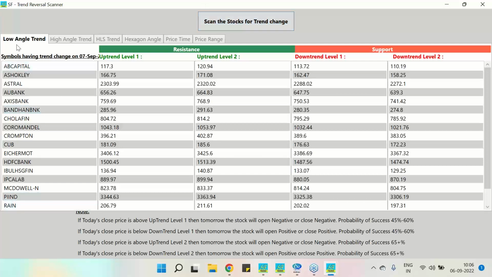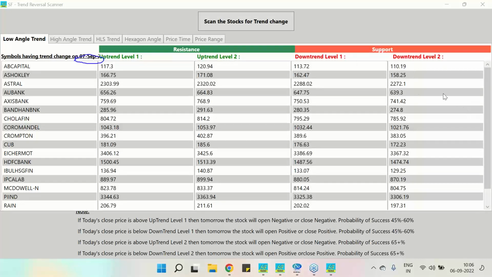Here we have the low angle trend for all the stocks, starting with AB Capital, Ashok Leyland, Axis Bank, HDFC, City Union Bank, Crompton. Many are having it. Tomorrow, the 7th of September, all these stocks have a trend reversal date.